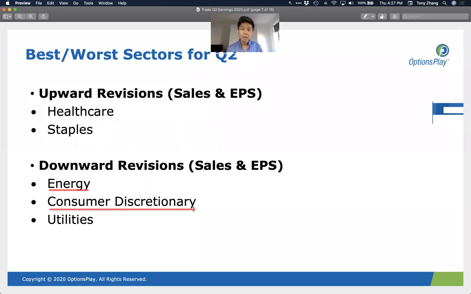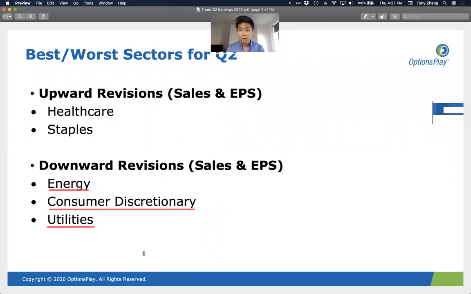So most of those 60 to 70 names are where we see most of the downward revisions in terms of earnings per share within the consumer discretionary space, while you have Amazon, Home Depot, Lowe's seeing some upward revisions, but again, they are just a few names that have a very concentrated market cap within that particular sector. Utilities also screening fairly weak here.